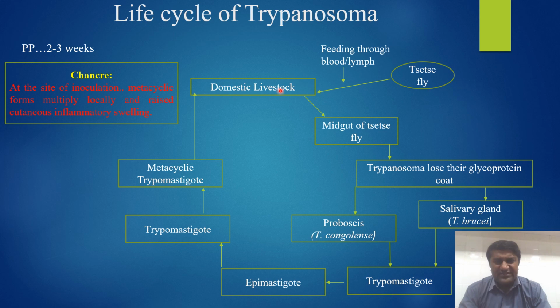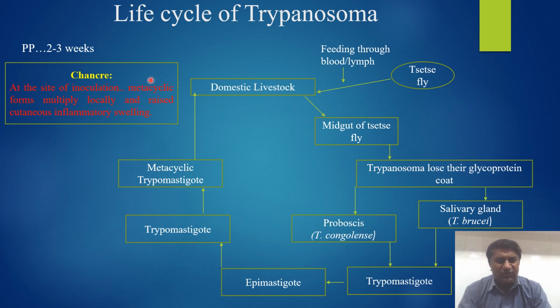and the domestic livestock and midgut of the tsetse flies, and this trypanosoma loses its glycoprotein coat, in the proboscis, Trypanosoma congolense and Trypanosoma brucei, and this changes into trypomastigote, and this trypomastigote changes into the epimastigote, and this epimastigote changes into trypomastigote, and then it changes into metacyclic trypomastigote that is then injected into the domestic livestock.